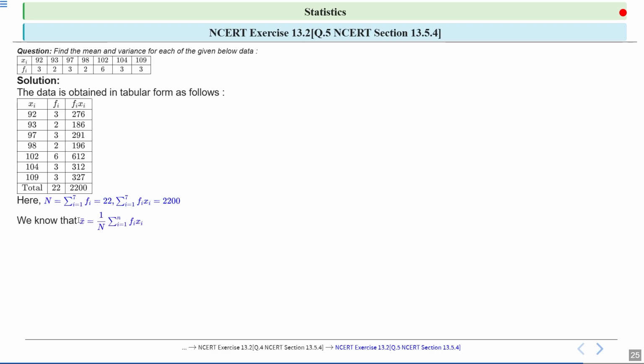We know that x bar equals 1 divided by n times the summation from i equal to 1 to n of fi times xi. Therefore, x bar equals 1 by 22 times 2200, and this is simply equal to 100.